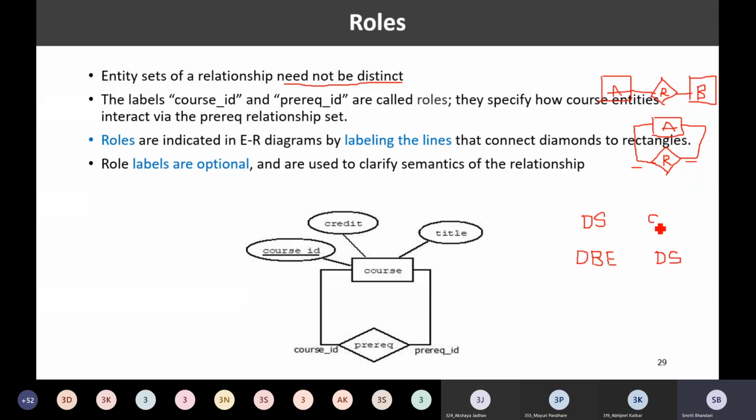So for many of the courses, there are certain prerequisites. What do we mean by prerequisite? Before enrolling for this particular course, you should complete this earlier course, that is the prerequisite. So if we want to depict such a situation using the ER diagram, how can we show this?